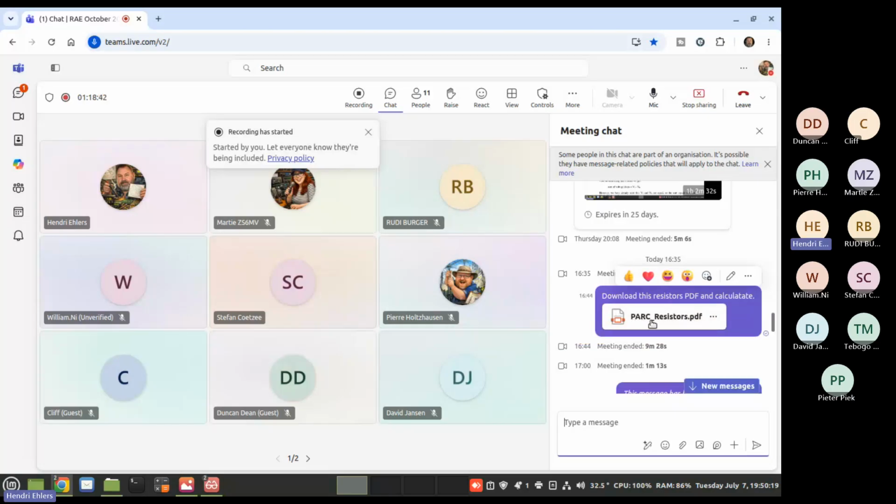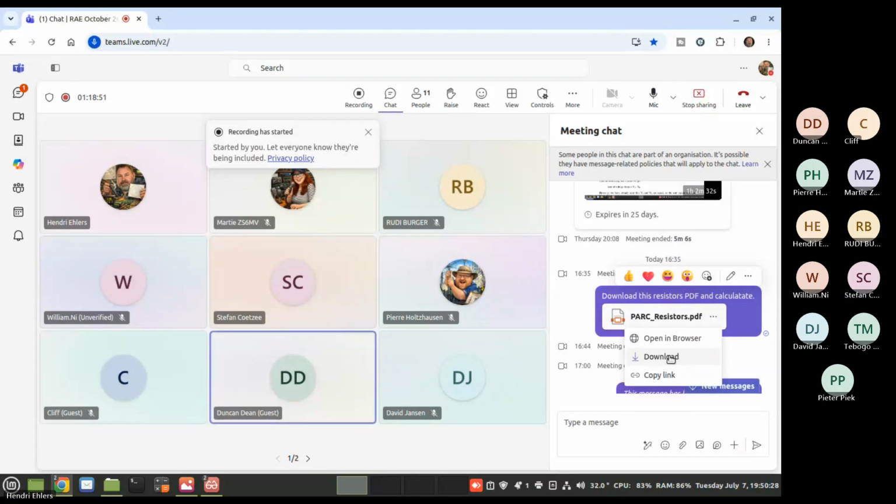Yeah, here it says PIRC resistors, and then you can click on that and download it. I think I can't see that because I joined before.